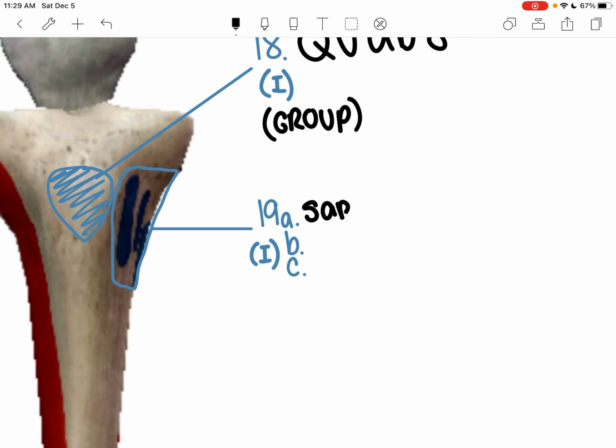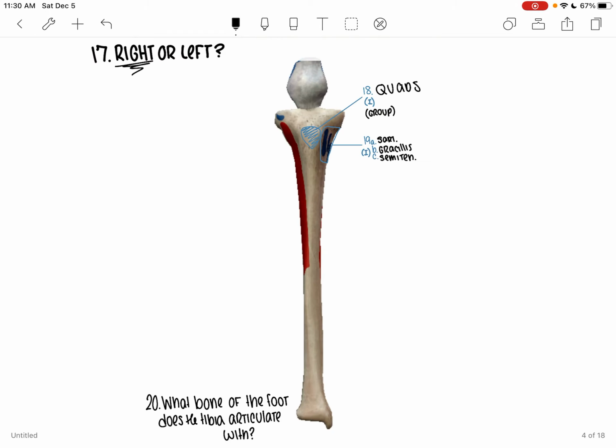S for sartorius, G for gracilis, and T in the acronym is going to be for semitendinosus. Sorry about that.